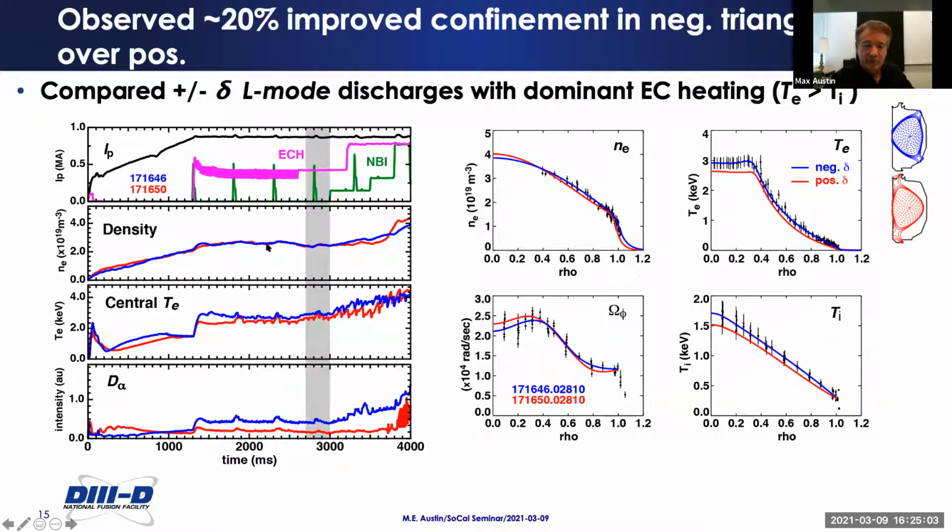We managed to get the density the same, but right away from the profiles, shown here on the right, we see that the electron temperature is higher and the ion temperature is higher in negative triangularity with otherwise matched conditions, indicating improved confinement for ions and electrons both.